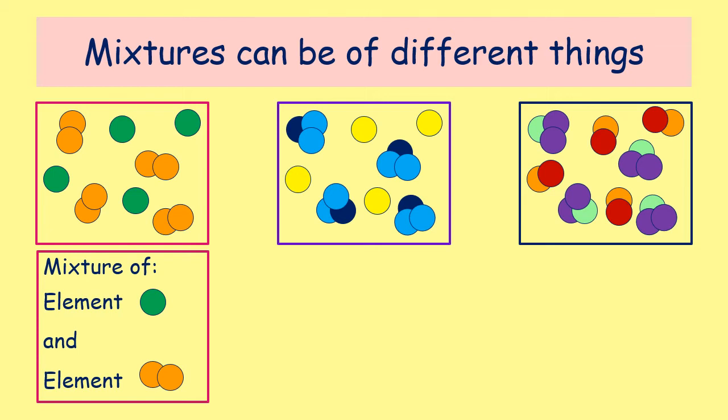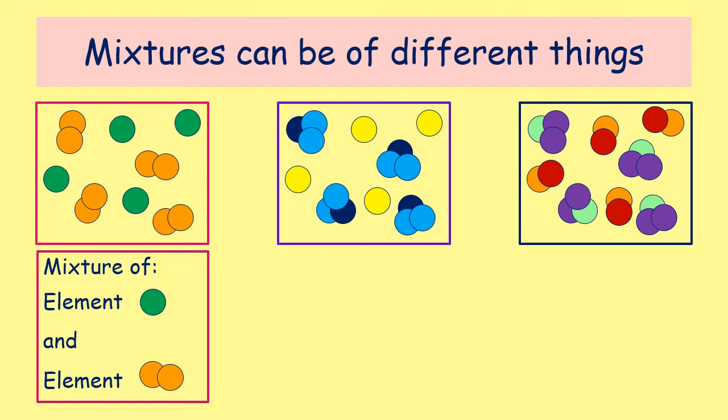Now, the second picture, what we have is two things again. If we ignore the triangular ones, the blue ones, and just look at the yellow atoms inside it, we would describe that as an element because it only contains one type of atom.